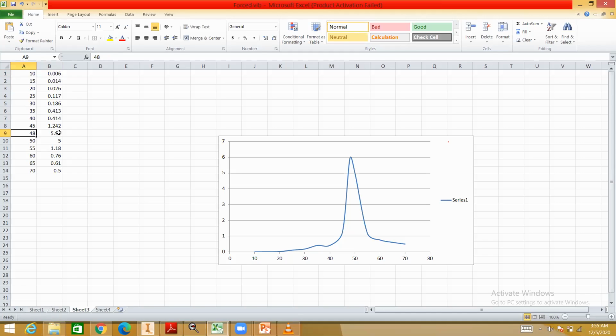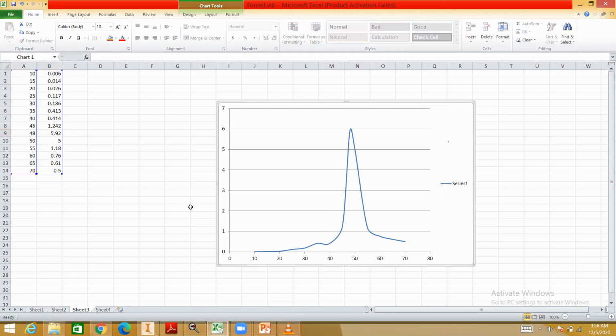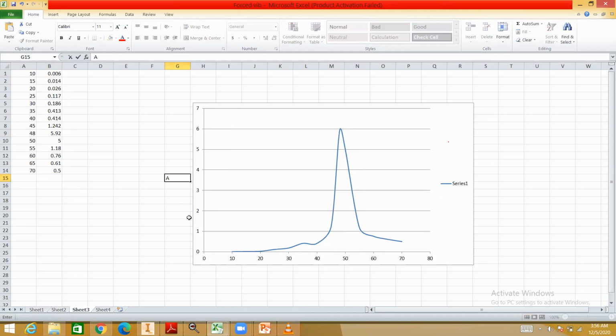So at 48, the value that we have got is 5.92 mm for the displacement. The y-axis is the amplitude, the capital A, and the x-axis is the RPM, that is capital N only. So you can see here, it will start from 0 value, and suddenly at the resonant condition, we will get the maximum value.